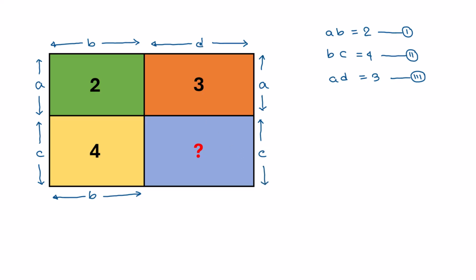And this length is D unit, so the length of this unknown rectangle will also be D. And if the area of this rectangle is considered as A, then we can write A is equal to C times D. We have to find the value of this A.